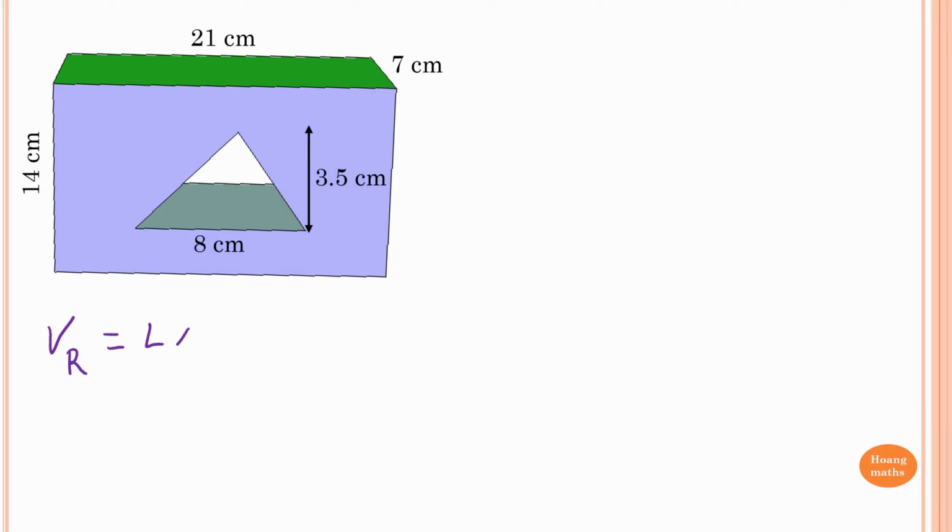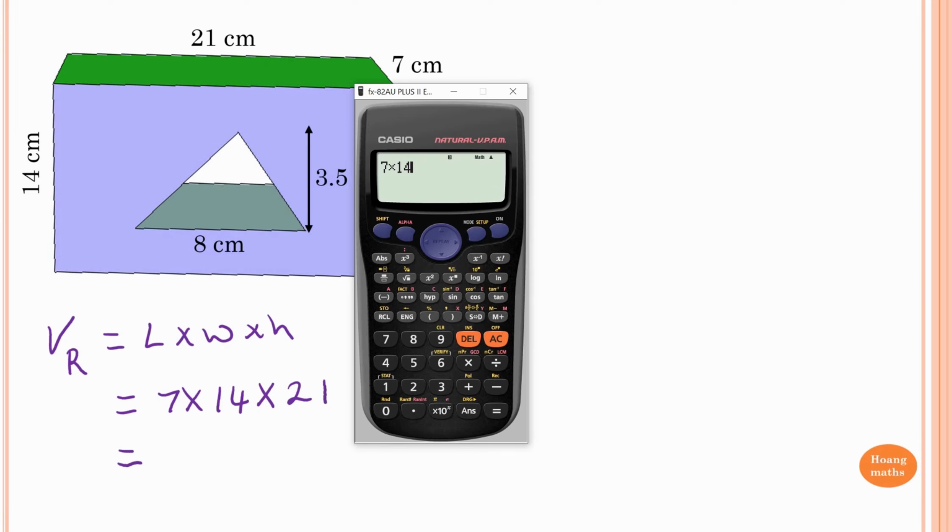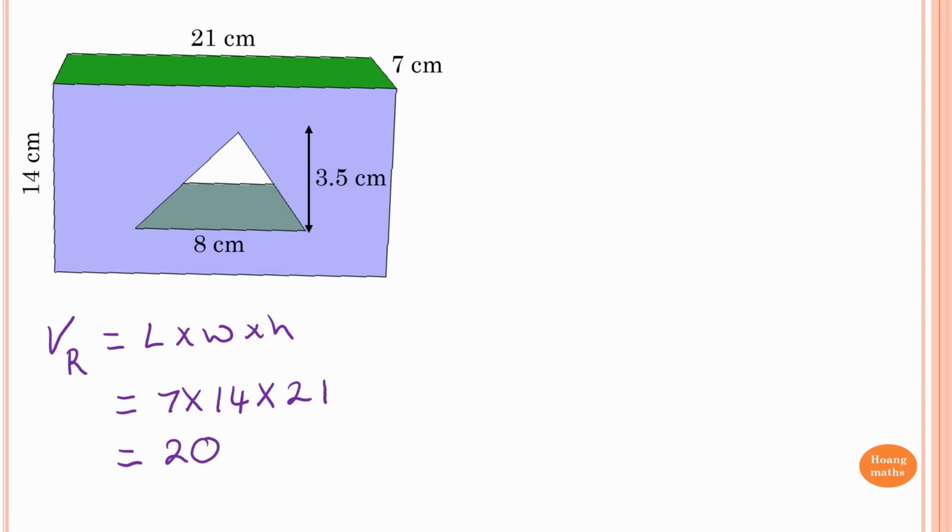Length times width times height, which is 7 times 14 times 21, or 21 times 14 times 7, whichever combination. They are the same. So 2058 cubic centimeters. This is the volume of the rectangular prism, including the triangular prism as well.